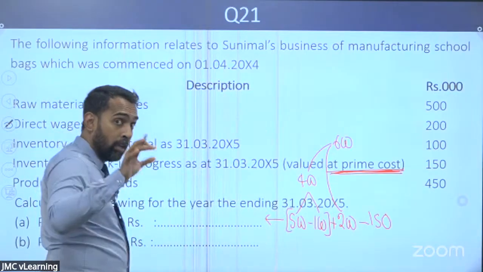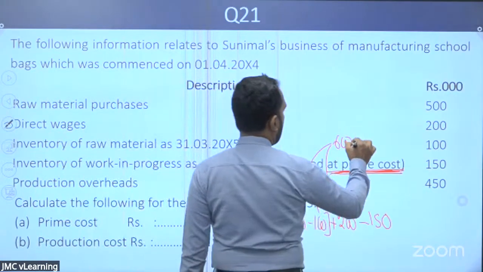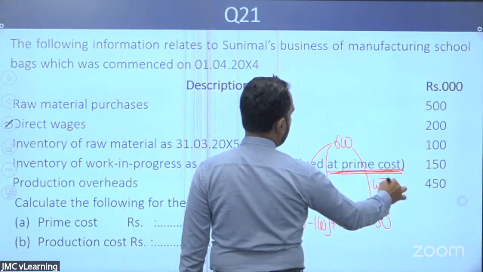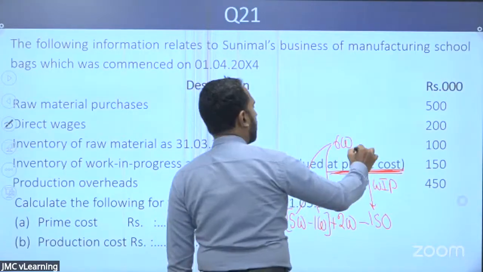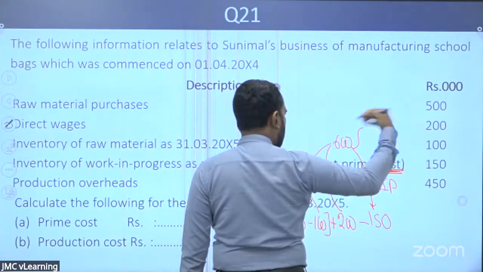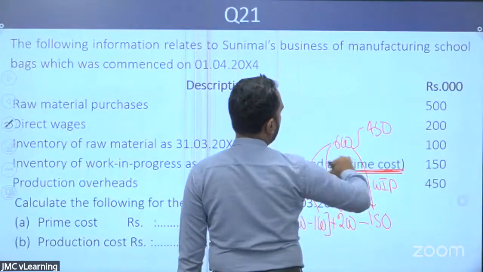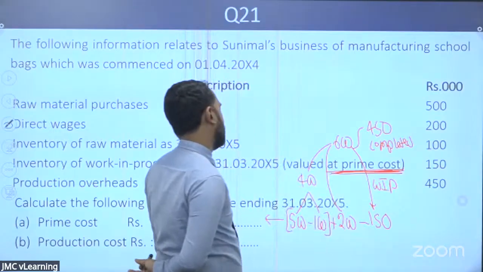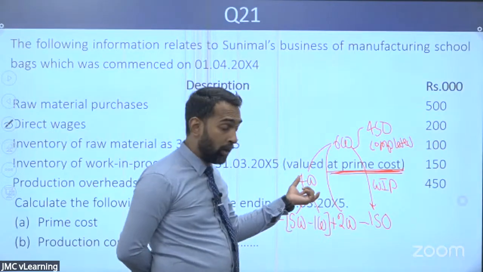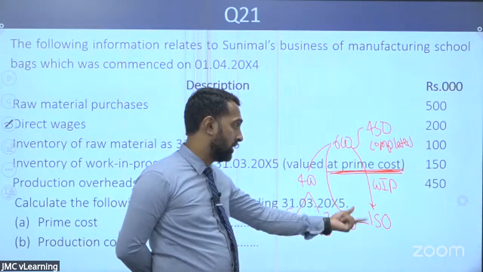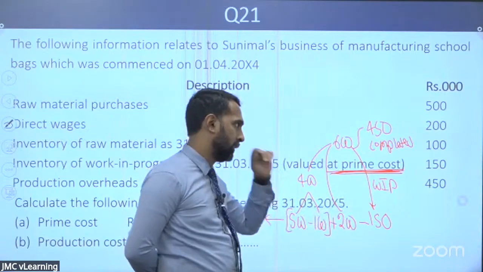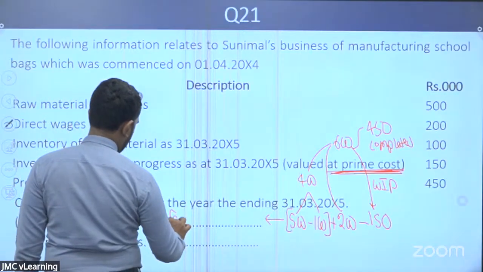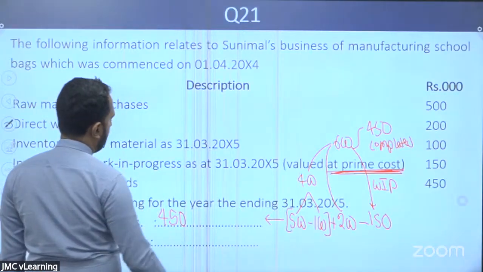Even of those 600, 150 is still work in progress. It's not completed. So really speaking, of this 600, what we really completed is only 450. Okay. So raw material we use 400, we use labor 200, but still 150 is in process. What we really completed is 450. So my prime cost is 450,000.